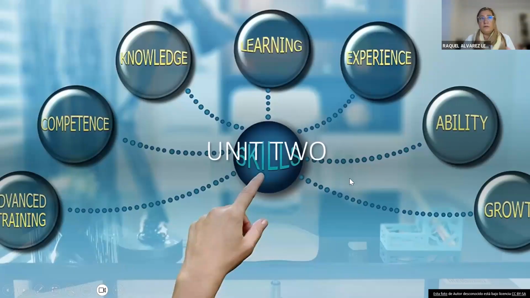So unit 2, which we are going to begin today, talks again about administrative questions, but more specifically about how to write and how to receive different communications, different letters, different mails.